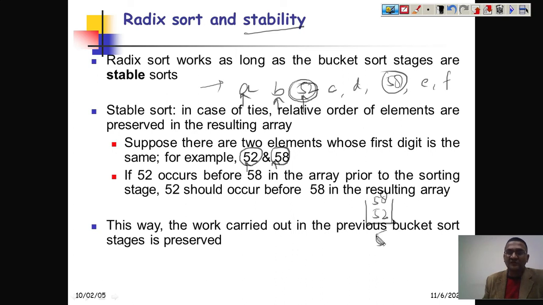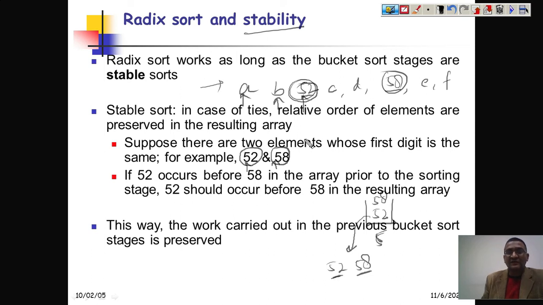So what does it mean? It means when you arrange them in your actual array, you will first take out 52 and then 58. It means that in your actual output, their positions are maintained. Here 52 is appearing before 58, and in the actual output you will also observe that 52 is appearing before 58.